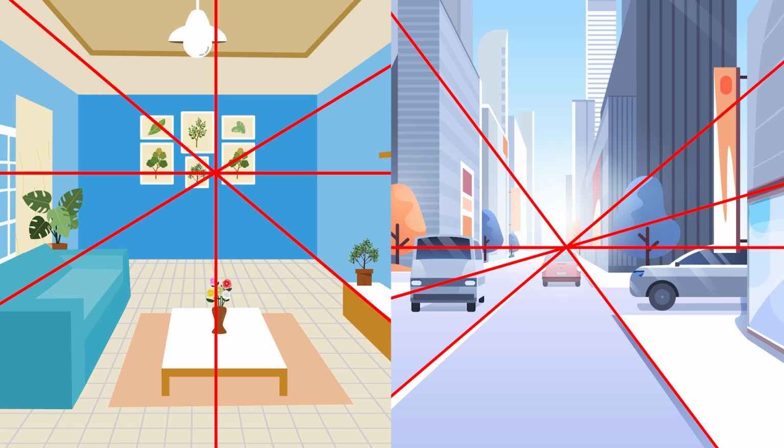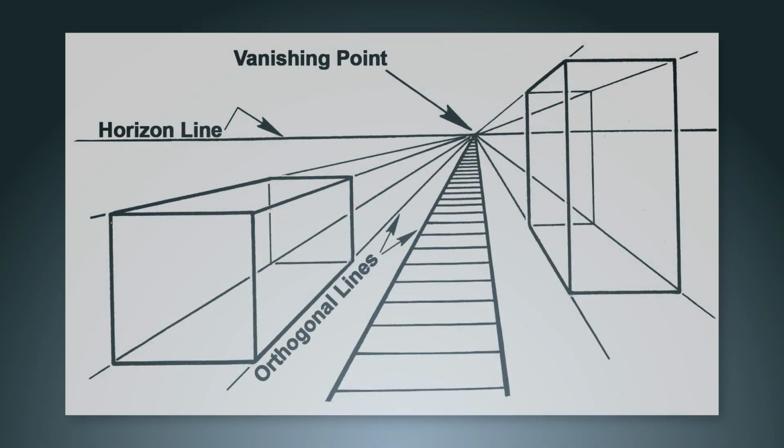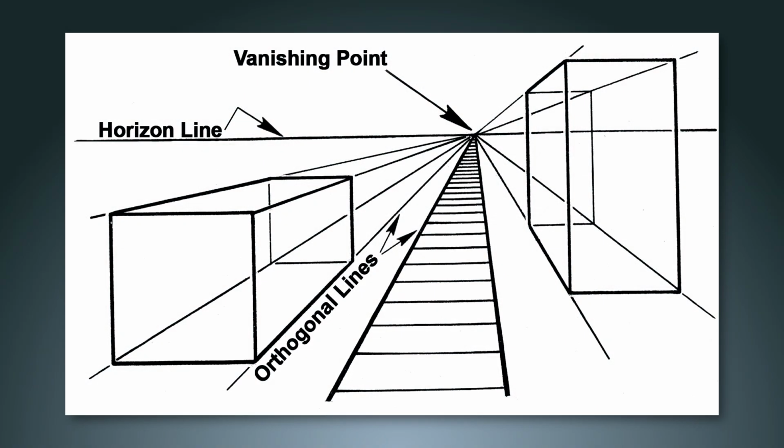These converging lines actually have a technical name. They're called orthogonal lines. Let's do a quick review of the three main terms that relate to one-point perspective. The horizon line, which represents the viewer's eye level. The vanishing point, which is the point on the horizon line where lines appear to converge and disappear. And orthogonal lines, which are the lines that lead to the vanishing point.